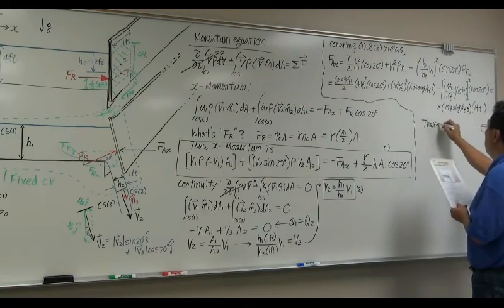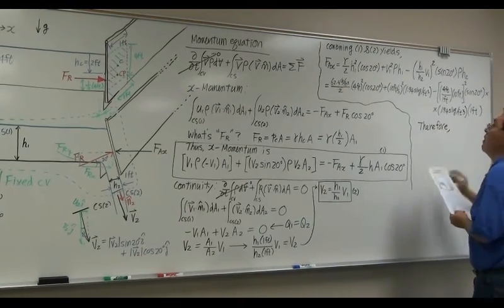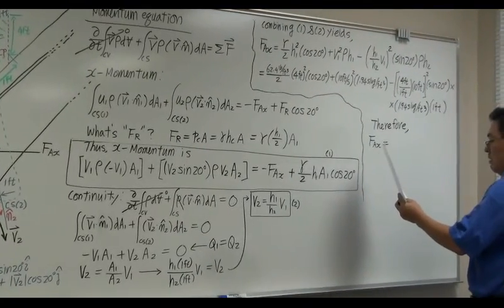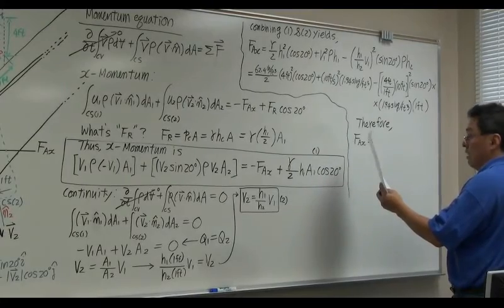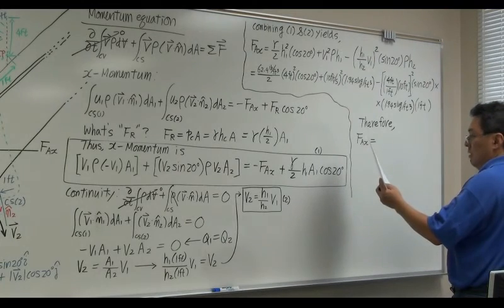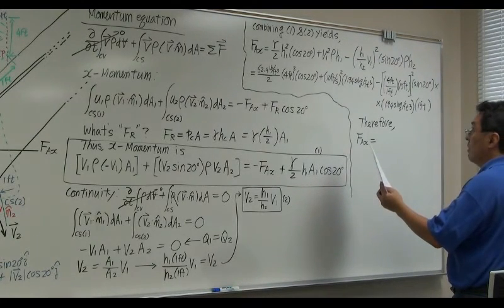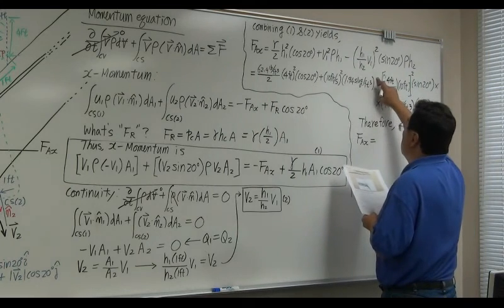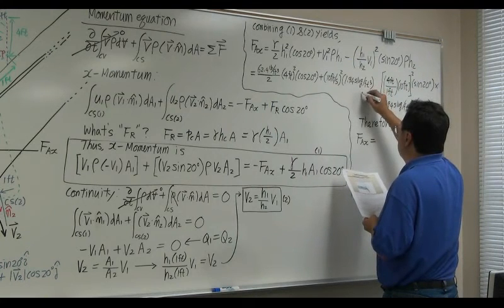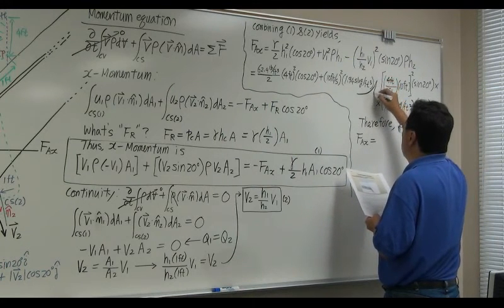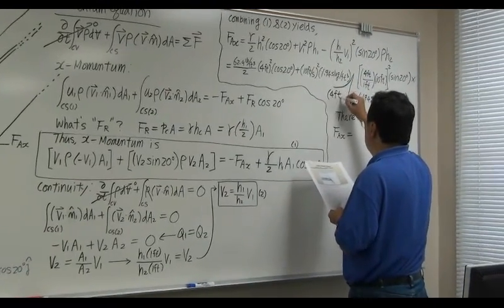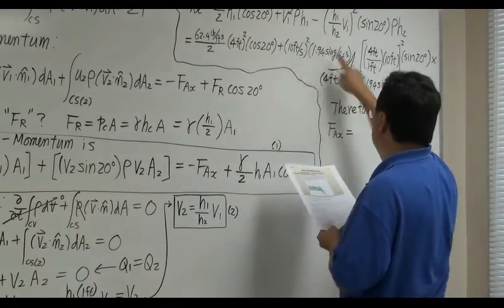Therefore, what is FAX? If you plug those numbers in, you should get, let me double check. Something is wrong. H1 is missing, sorry. This rho is multiplied by H1, 4 feet. I'm missing this H1 here.